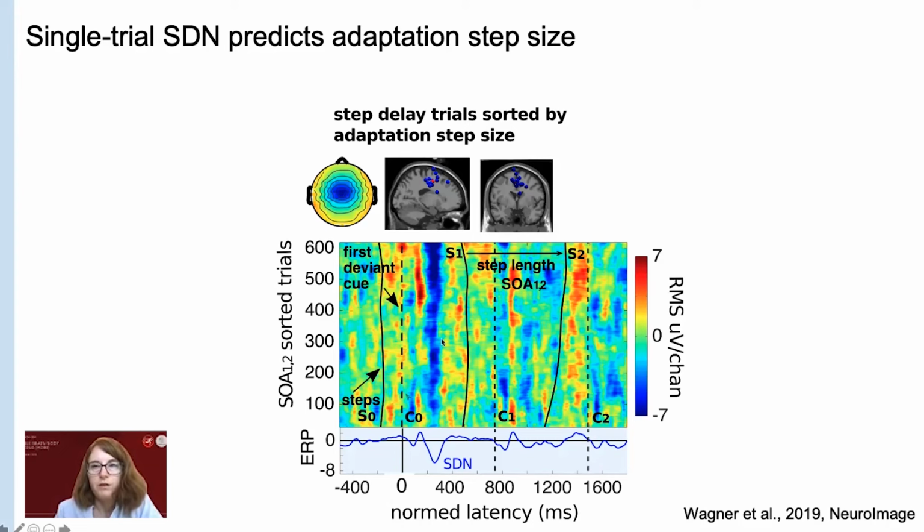Bigger steps here are actually beneficial for better adaptation, because participants had to make bigger steps to adapt faster to the new tempo during step lengthening. So a larger SDN actually predicts a better step adaptation.